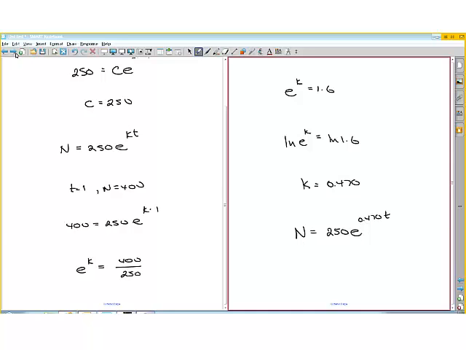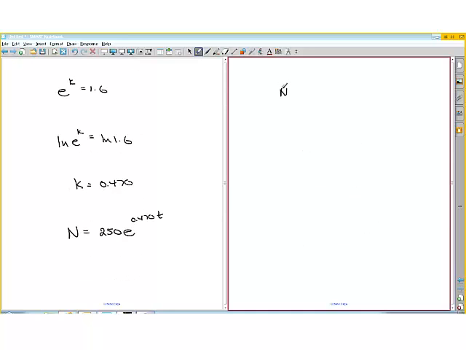And now the question is, what is n of 4? When t equals 4, we get 250e to the 0.470 times 4.